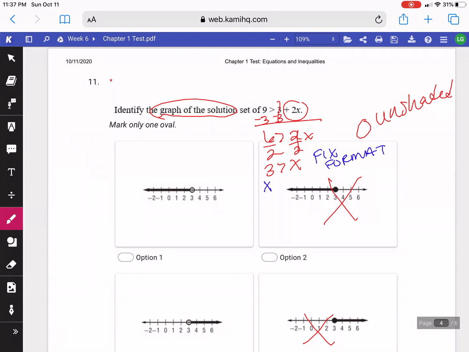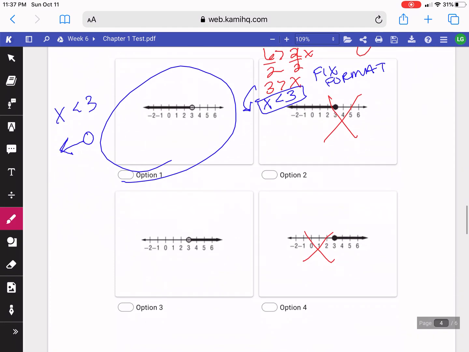And if you do that, it actually switches to x is less than 3. So since it changes to x is less than 3, when you graphed it, it actually should have been to the left, not to the right. So the answer was actually option 1. And a lot of you put option 3. So remember to fix the format. The variable needs to be first before the number.